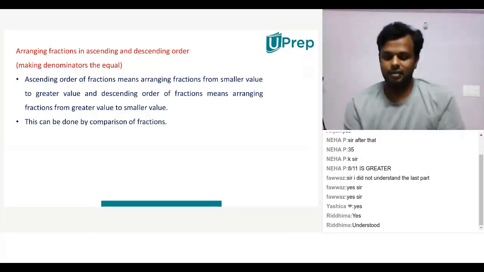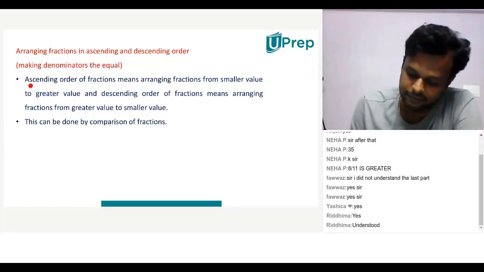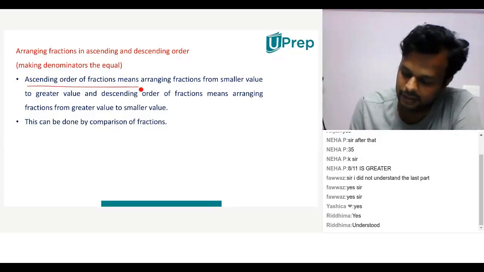So here they are talking about the ascending order of fractions and the ascending order and descending order.